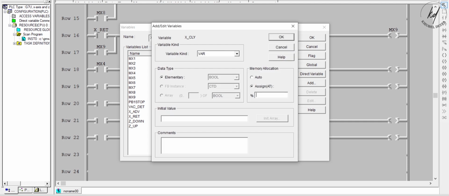X_CLI is the coil tag for the X-axis cylinder with the output address of QX 0.0.4.